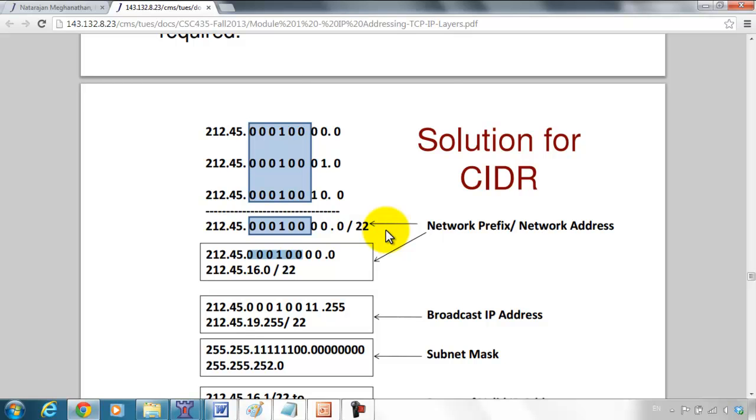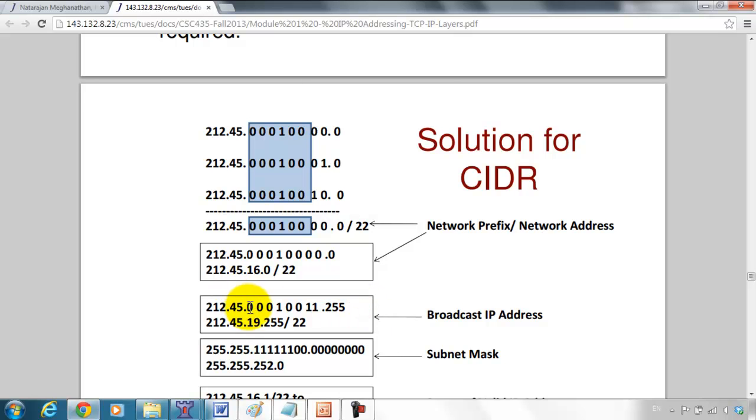Okay? And then for the broadcast address, this is our network part, right? So the host part is basically this. So all these 2 plus 8, 10 bits have to be ones. That's what we have here. So 11.255, but you now put these 8 bits together. These are the last 2 bits for the host part along with this, right? 10 ones.